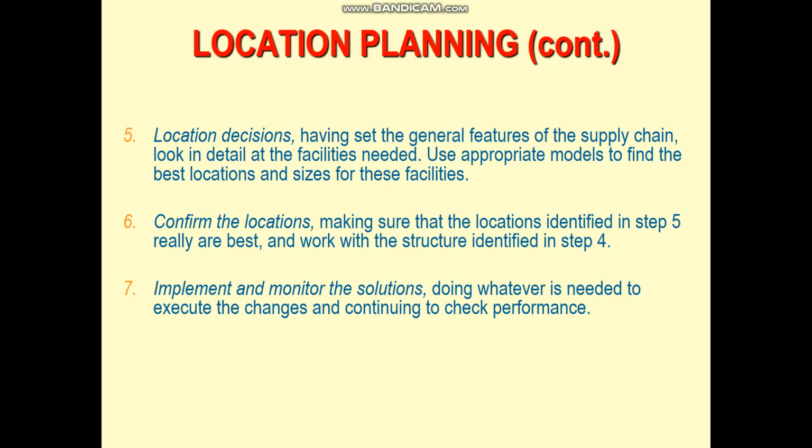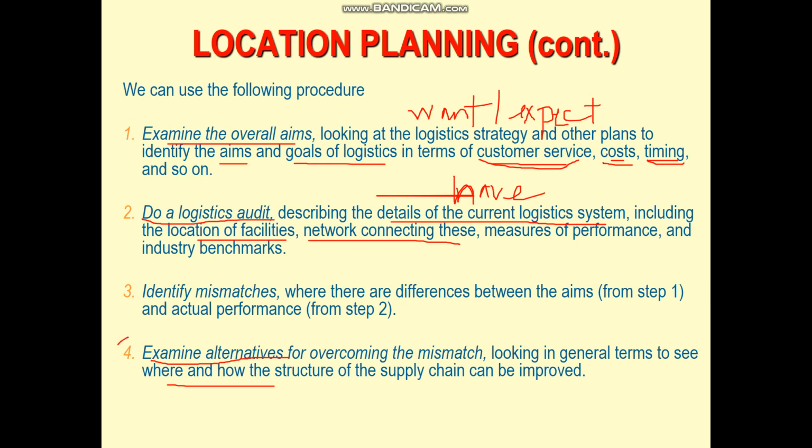We use the appropriate models like network models, the feasible set approach, or the infinite set approach to find the best location and the size of these facilities. Then, after you make the location decision, you confirm the location to make sure that the location you chose in step 5 is really the best and works with the structure identified in step 4.